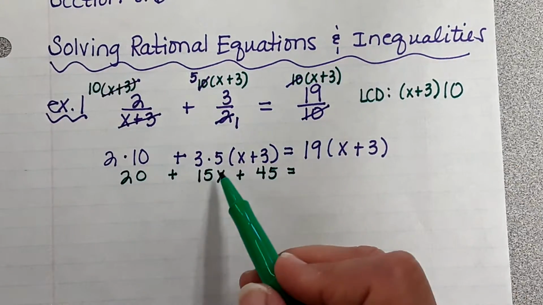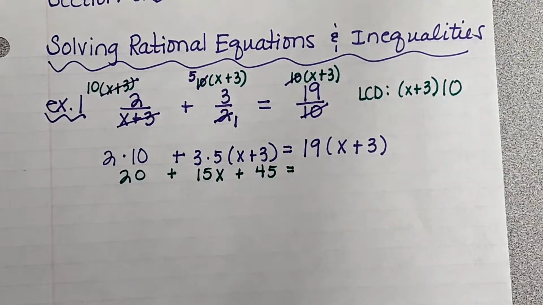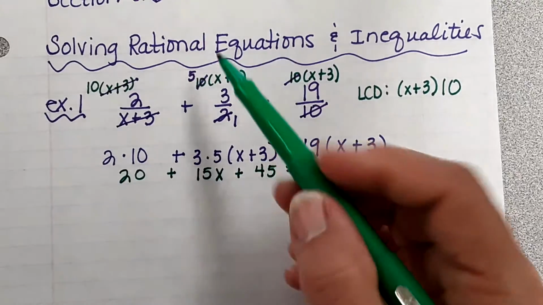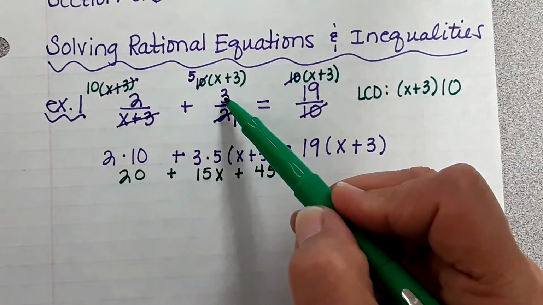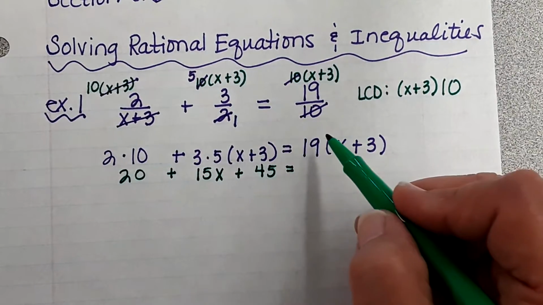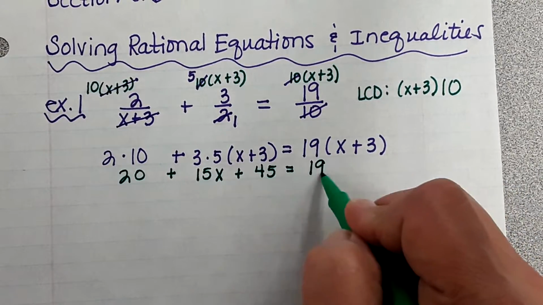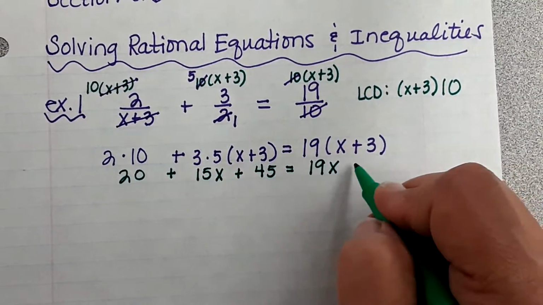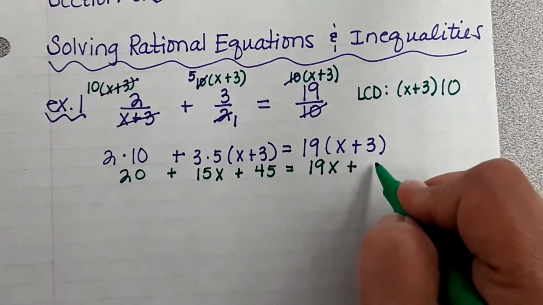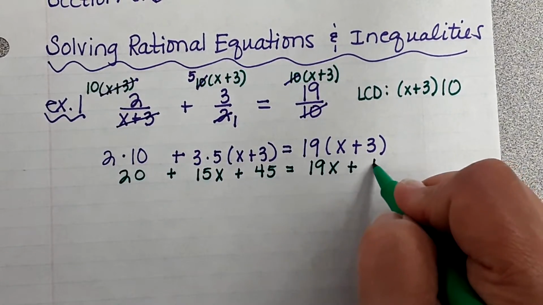You guys remember that's not 3.5, that's 3 times 5. We got the 3 times the 5 because there was a 5 left over and there was this 3 in the numerator. Now we're going to do 19 times x and 19 times 3. What is it? 57.